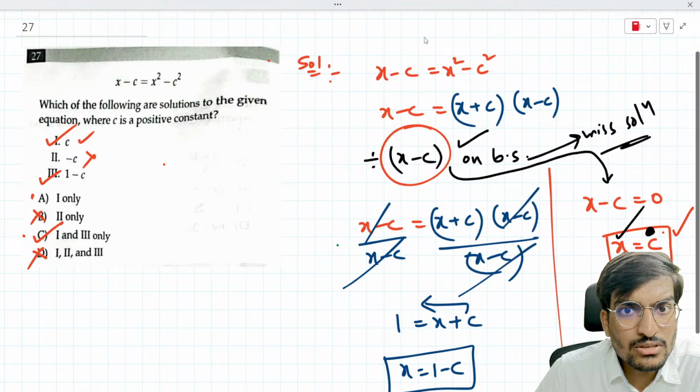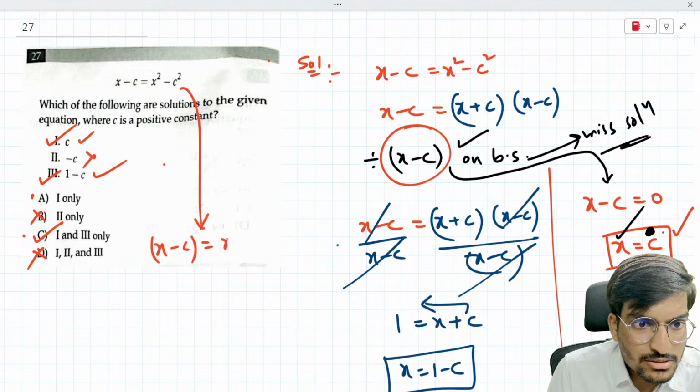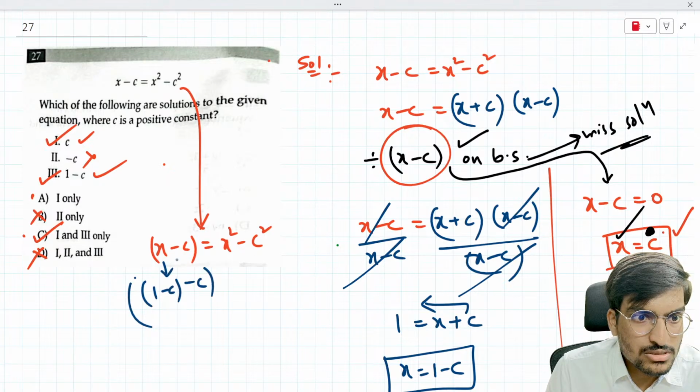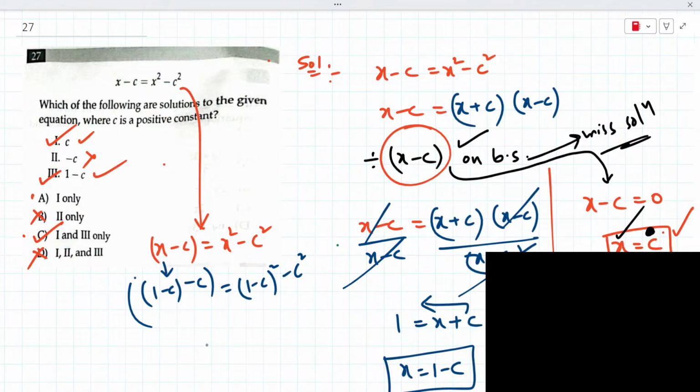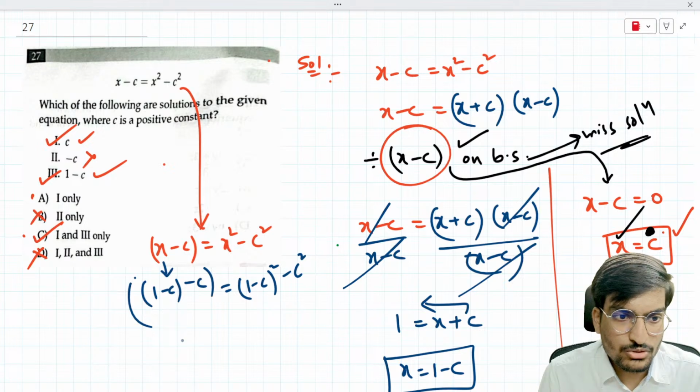I'm checking with the third part now. But substitution is a bit lengthy. This 1 minus c, x minus c, that equals x square minus c square. So the x value is 1 minus c minus c. In the place of x, I just substituted this. X is 1 minus c whole square minus c square. If you just solve this, you're going to get mostly the same answer. So the third one will work. In the place of x, I just substituted 1 minus c.